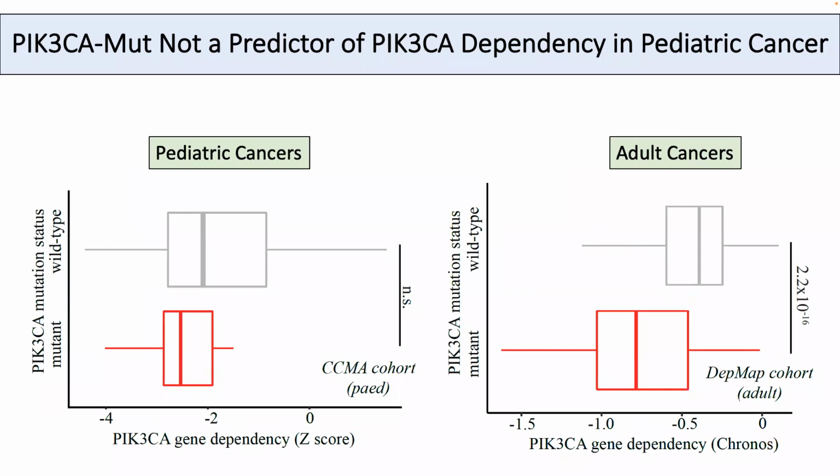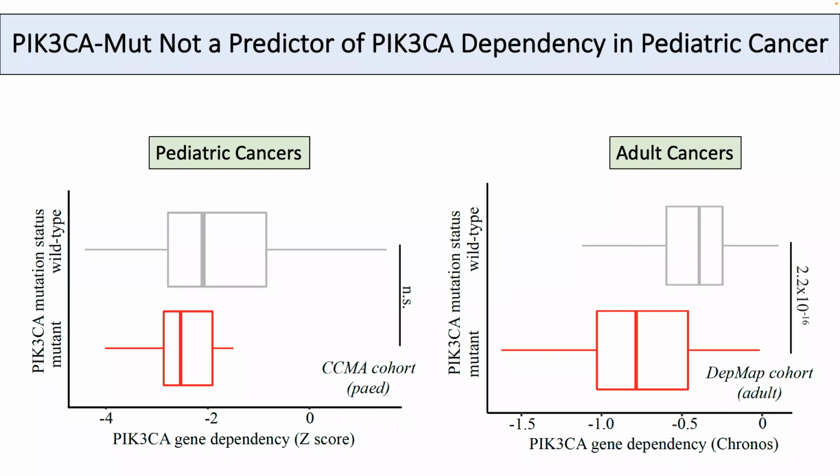But interestingly, what we find is that this was not the case in pediatric glioma. So, in general, both adult and pediatric brain cancer harbor PIK3CA mutations at a relatively low frequency of about 15%.